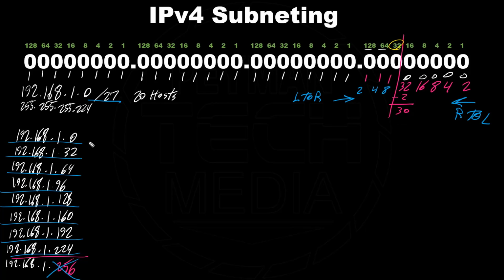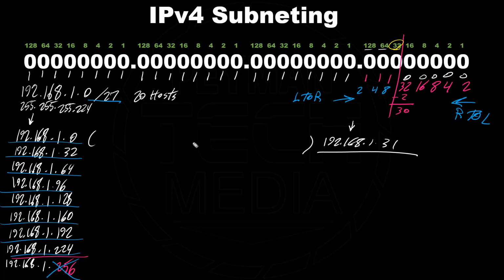Let's find out. So if this is our range and this column is the network addresses and this column here is the broadcast addresses. So for the first subnet, the broadcast address is one less than the next one. So the next one is 1.32. Therefore, the broadcast address would be 192.168.1.31.